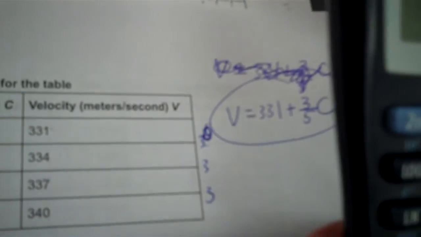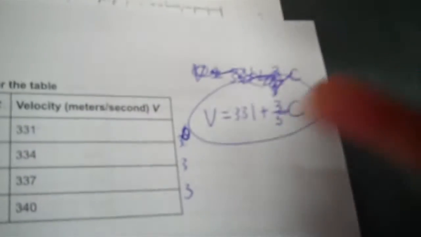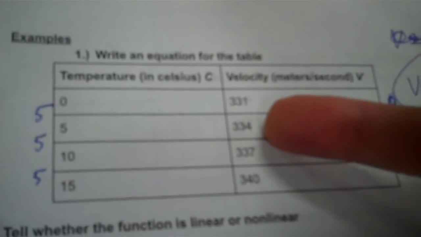Okay, remember to get the C in there, the variable C. If I go to my calculator and punch in 331 plus 3/5, and then I multiply by 0, I'll put 0 in for C, 331. Now if I put in 5, I get 334, okay?